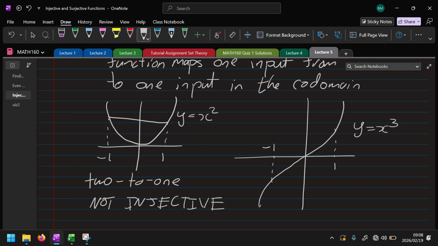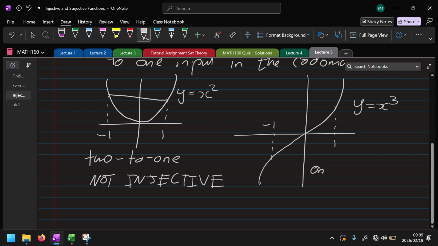If you draw a horizontal line like we did there, it cuts two of them. It's 2 to 1. Over here, you draw a horizontal line and it only cuts one. So it's 1 to 1. This is injective.